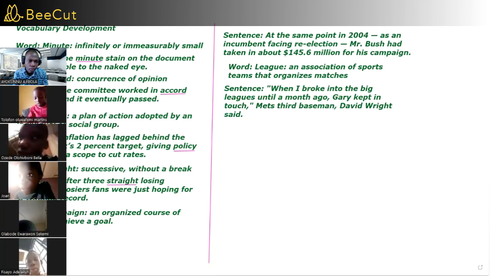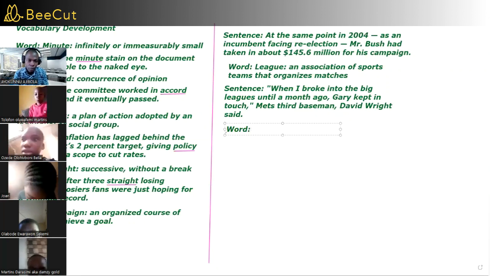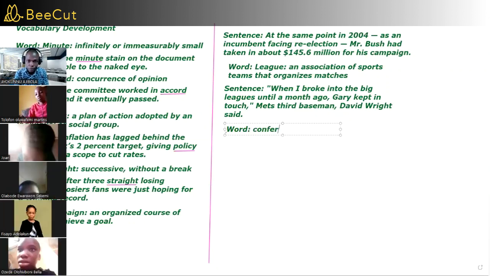Let's talk about this word confer. So you're going to be tested on this word next week by God's grace. So you have to study the meaning. Confer.